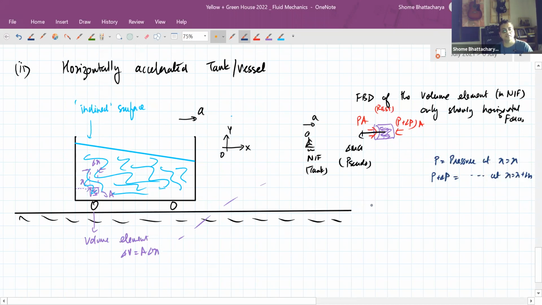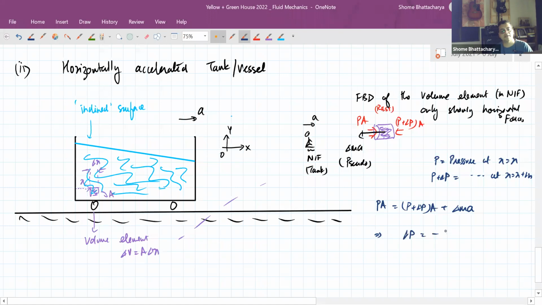So now considering the equilibrium of this, we can see P into A has to balance P plus delta P into A plus this pseudo force. So again, we see that there is a negative pressure difference.